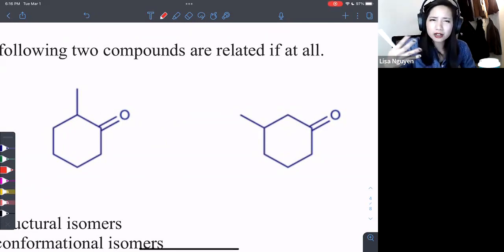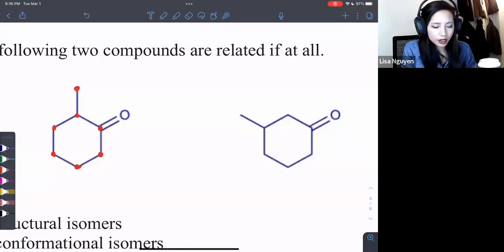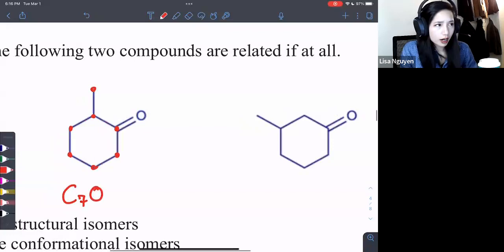And so you have to figure out how many there are. So my idea here with skeletal structures is identify where all the carbons are. So there are all my carbons, and then there's one as a substituent right there. So there is 1, 2, 3, 4, 5, 6, 7 carbons, C7. There's an oxygen there. And then I need to figure out how many hydrogens are on all of the carbons.